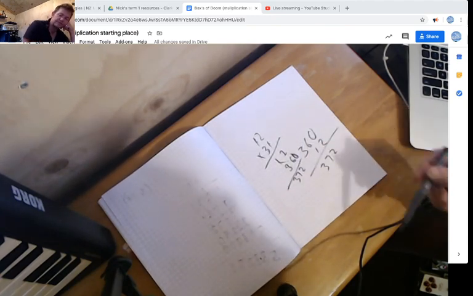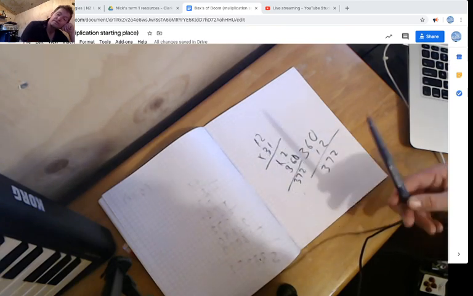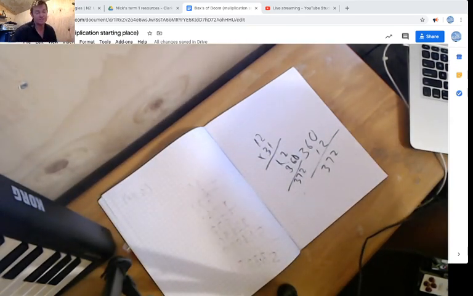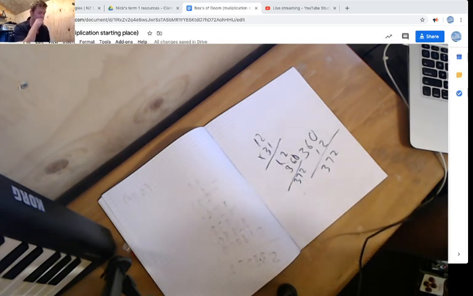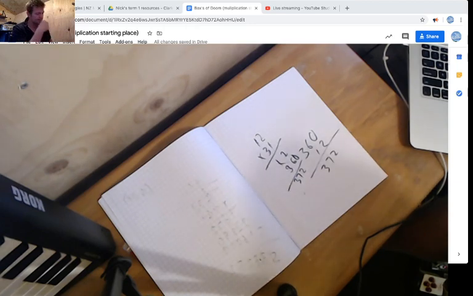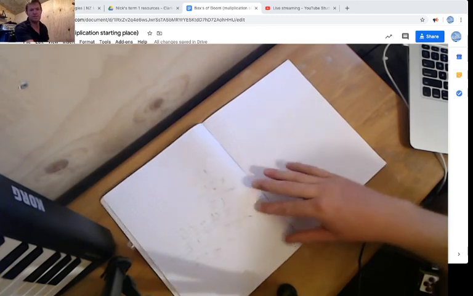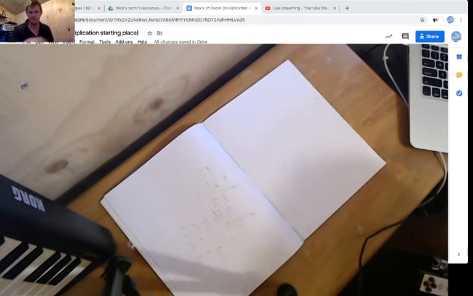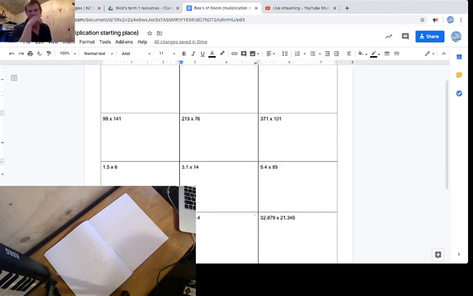Instead of doing that, I literally just thought 3 times 12 is the same as 30 times 12, except I just add a 0 at the end. So 3 times 12 is 36, add the 0, and then 1 times 12, well, that's 12. That's really easy. So you don't have to do official hardcore explanations. I just want to see your thinking on 3 questions that you think would be easier to answer using a different strategy.